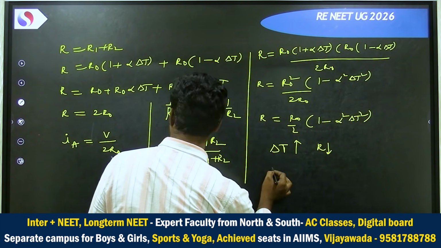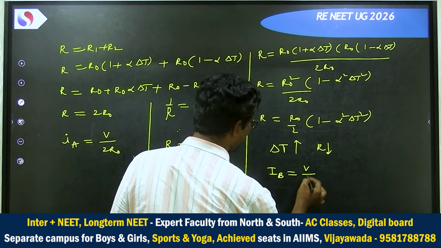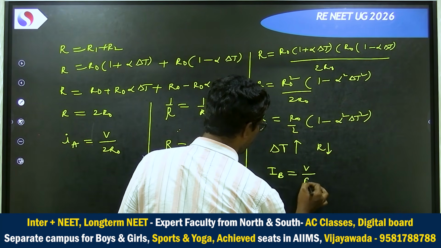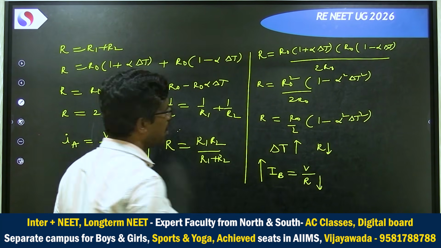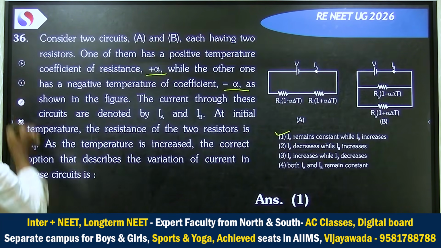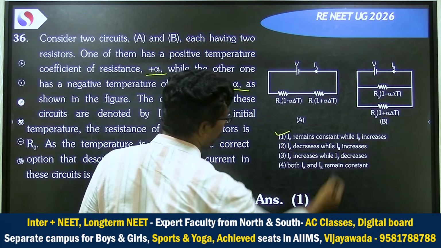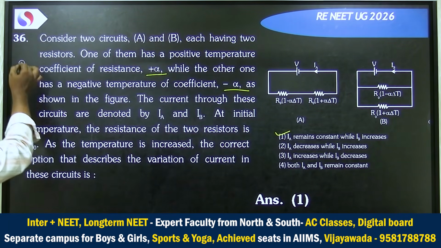Now the current IB is equal to V by the resistance R. Since the resistance decreases, the current increases. So our option is: IA is constant and IB increases. Next question.